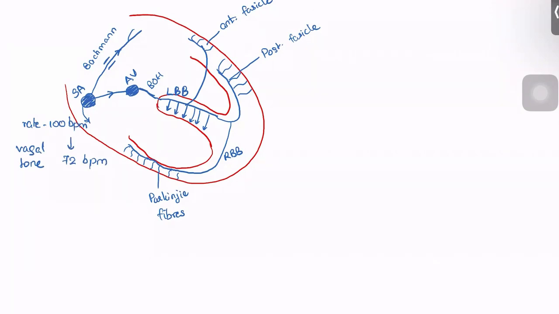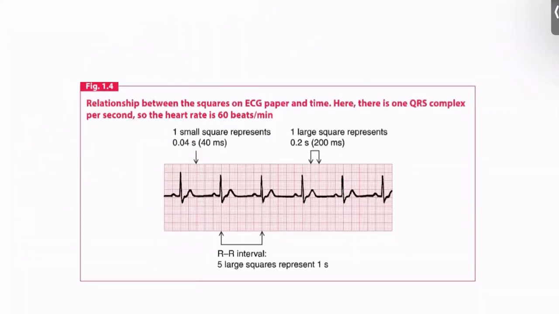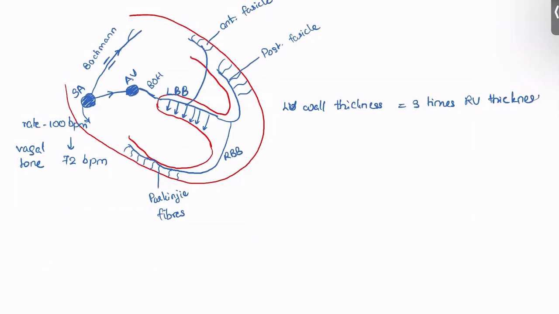Another thing we have to know is that the LV wall thickness is 3 times the RV thickness, and septal depolarization goes from left to right. Ventricular muscle depolarization goes from the endocardium to the epicardium.